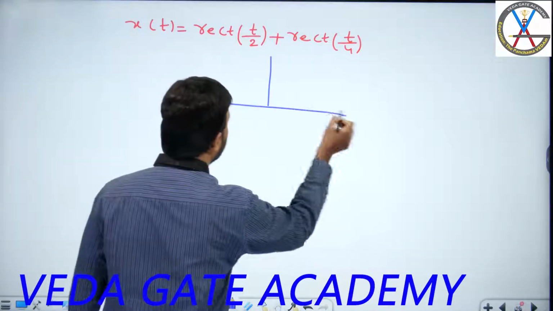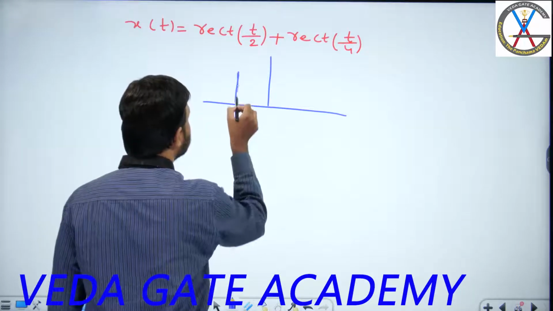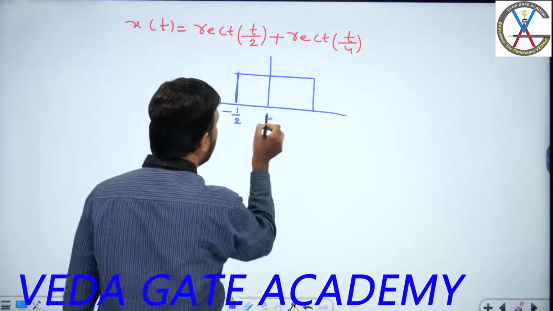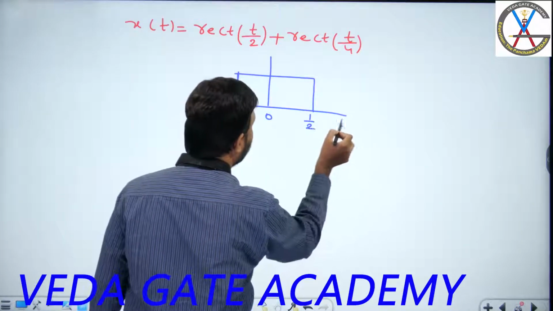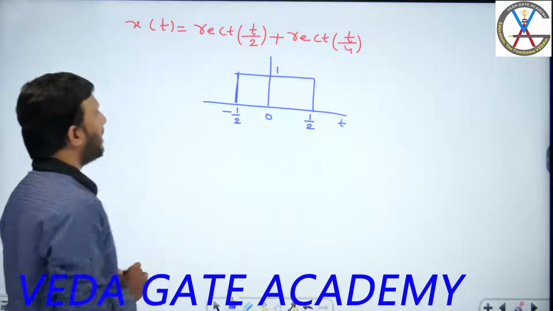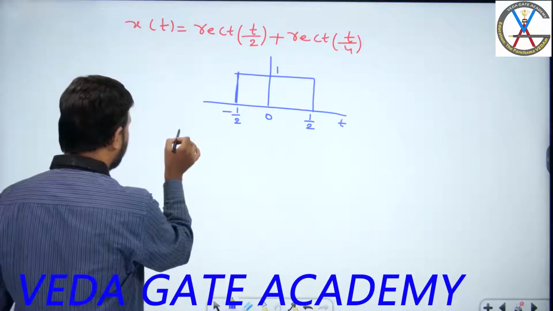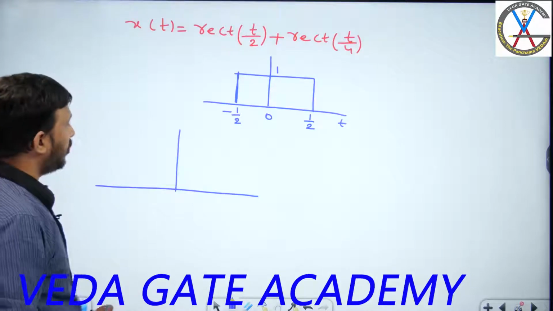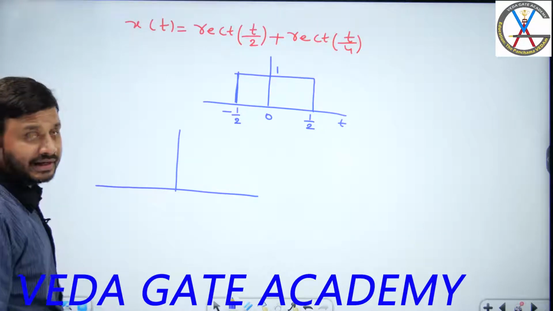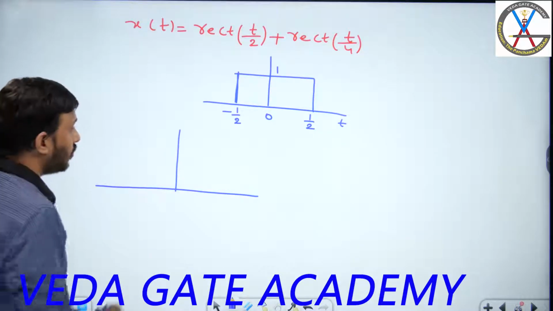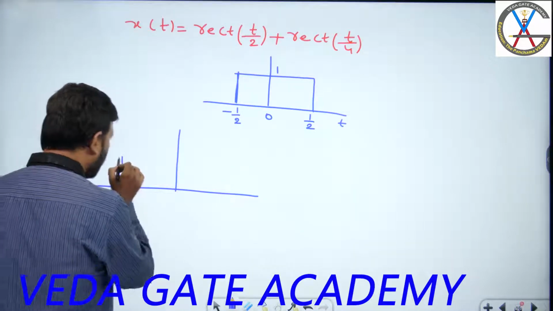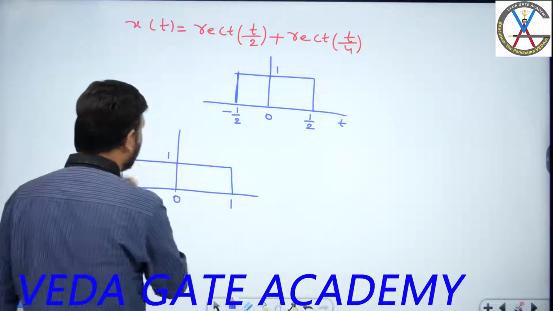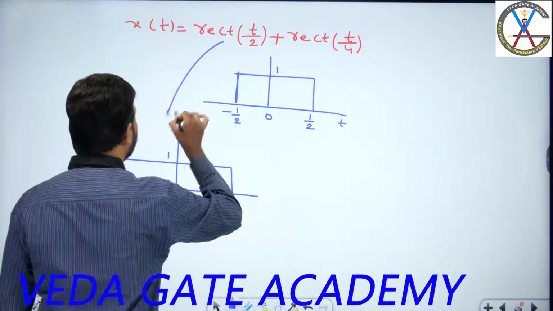Rect(t) means a rectangular pulse varying from minus half to plus half with a value of 1. Now rect(t/2) means an expanded version of rect(t). So divide each point on the horizontal axis by the scaling factor. The scaling factor is 1/2. So rect(t/2) will exist from minus 1 to 1 with a value of 1. This is rect(t/2).